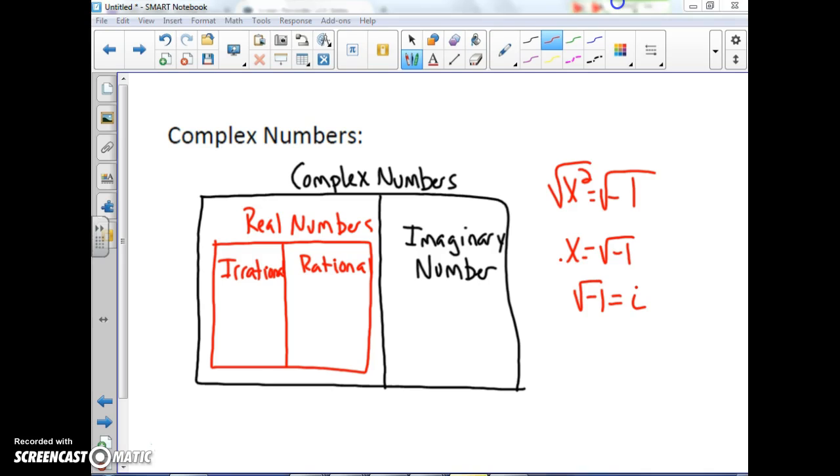So basically, a complex number is a real number combined with an imaginary number, or an imaginary number without a real number. The big idea here is that when I think about taking the square root of negative 1, I am thinking of an imaginary number, which is a part of the complex number system. So let's go back to this question.